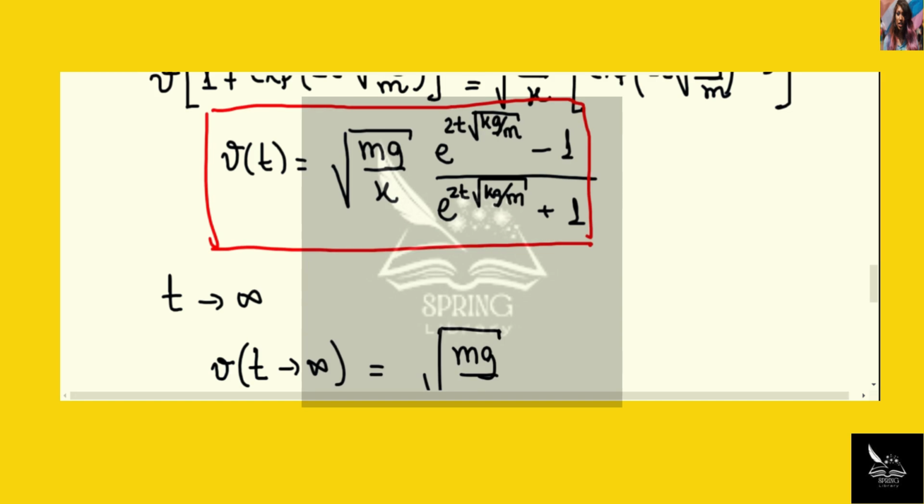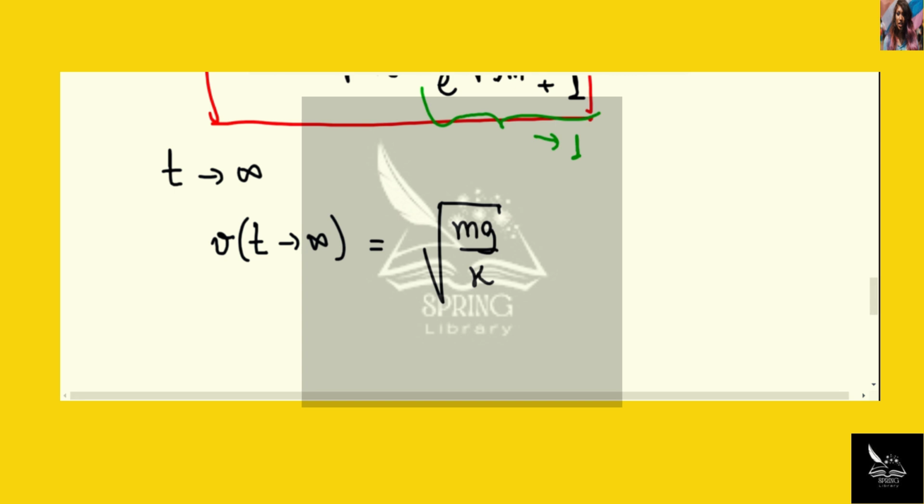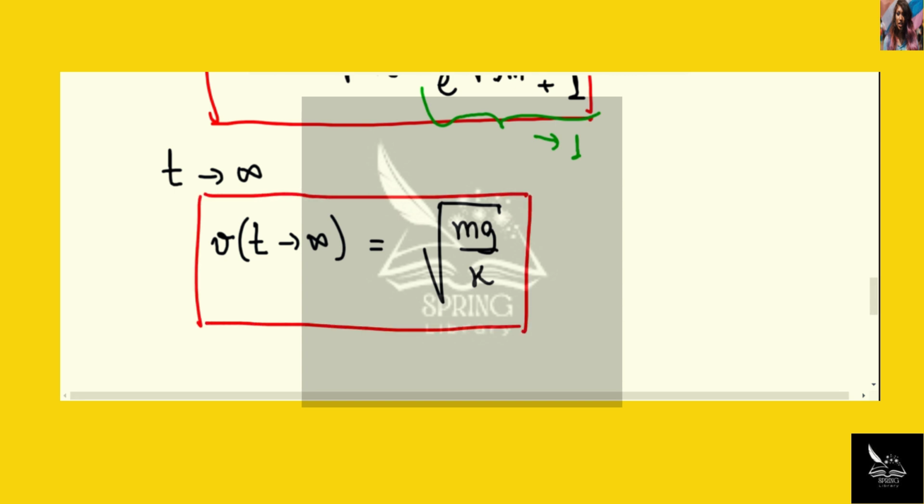Notice that as t tends to infinity, the minus 1 or plus 1 will not matter, so this ratio will go to 1. So the limit is just the square root of mg divided by k, which concludes our exercise.